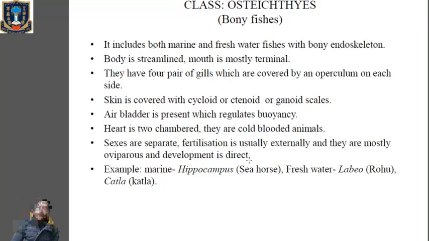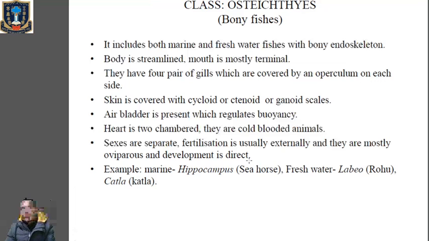They are mostly oviparous, that means they lay eggs, and development is direct. It doesn't involve any larval stage or any intermediate stages. So they have a direct mode of development.